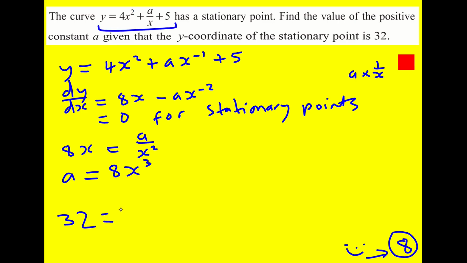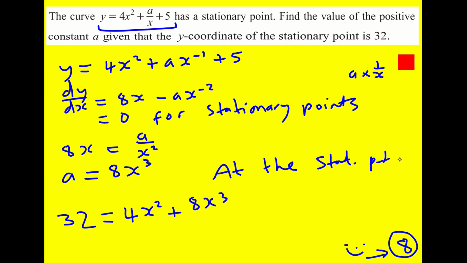It's going to be 32 is 4x squared plus a over x plus 5, but now I can use this condition because I'm talking about the stationary point. Maybe I should write that at the stationary point this is true. I haven't quite finished yet.